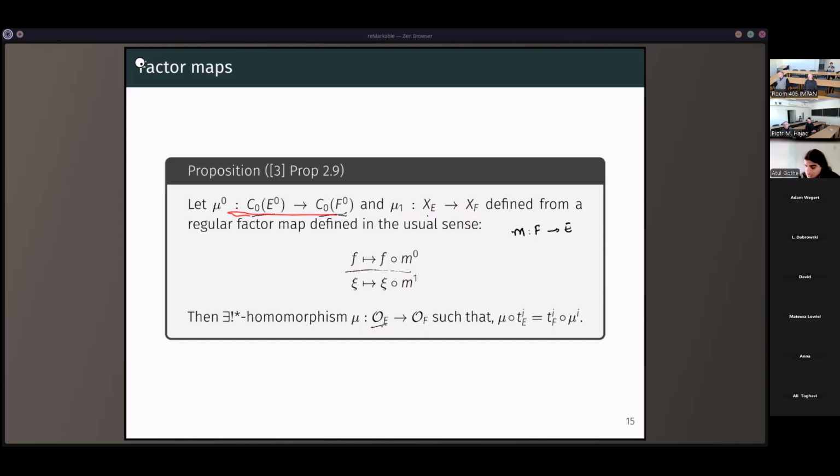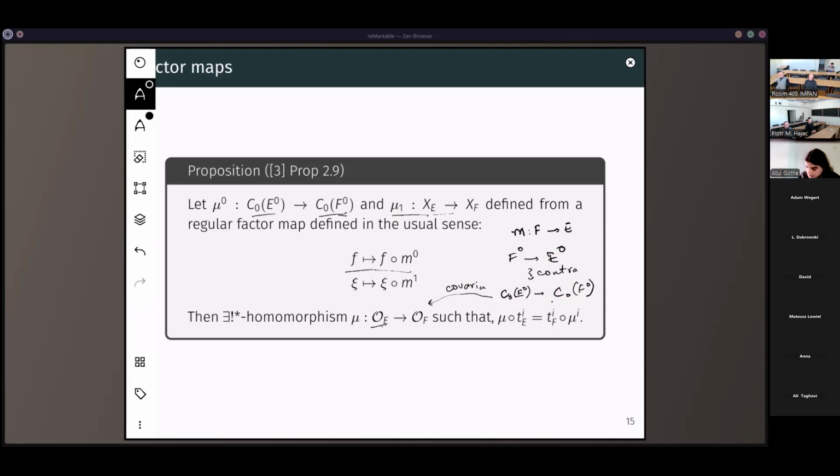So the contravariance is in fact because of this contravariance, and going from this to the C star algebras, this is covariance, while this is contravariant in some ways.